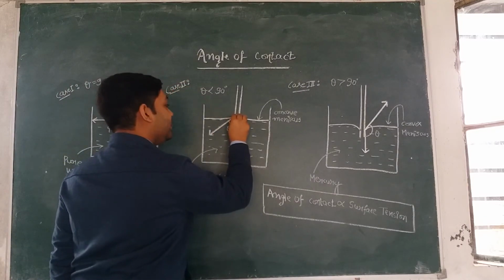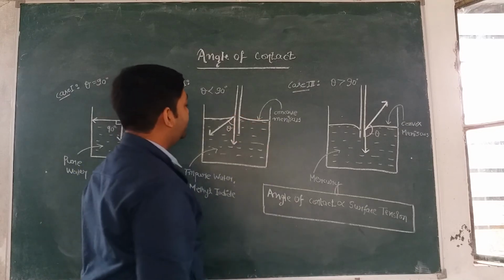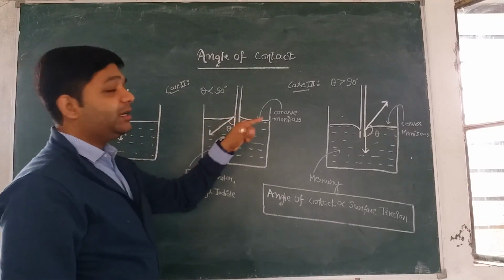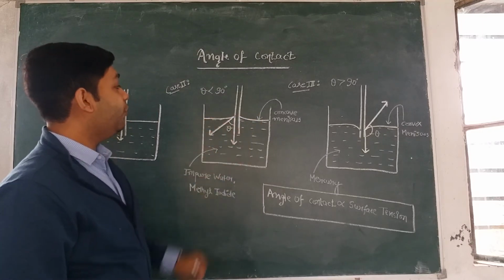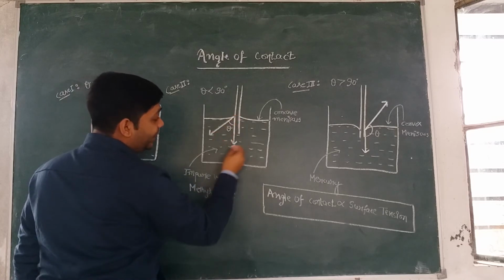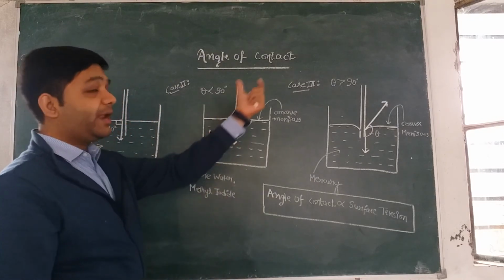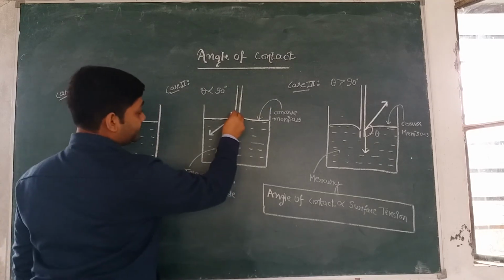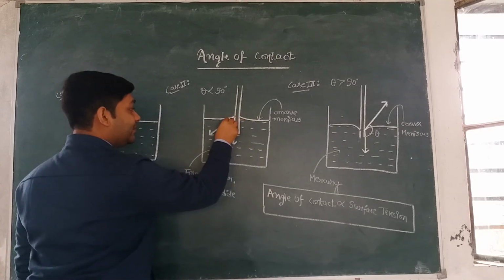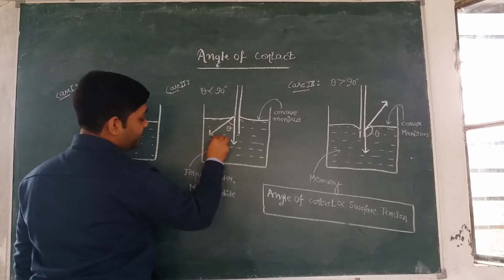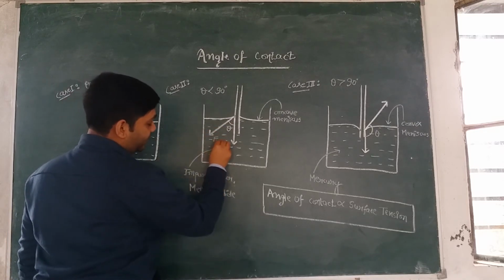Now if we consider one liquid molecule at this point of contact, there will be majorly two forces acting on the water molecule. One force is due to the liquid molecules, which tries to attract the molecule on the surface towards itself. Let's say this vector represents that force, and it is the force between water molecules.